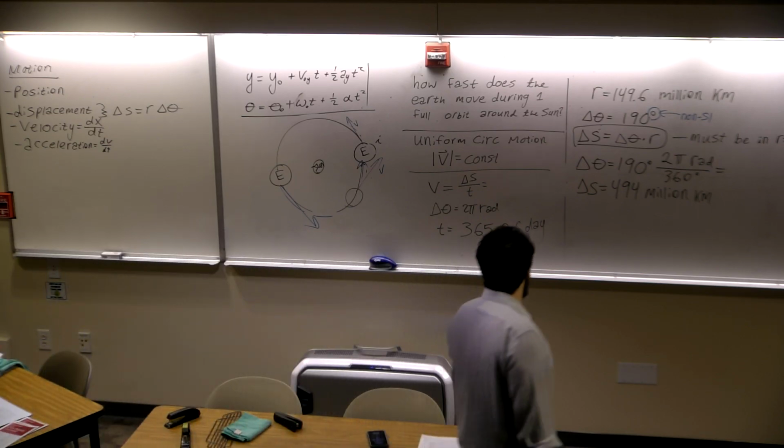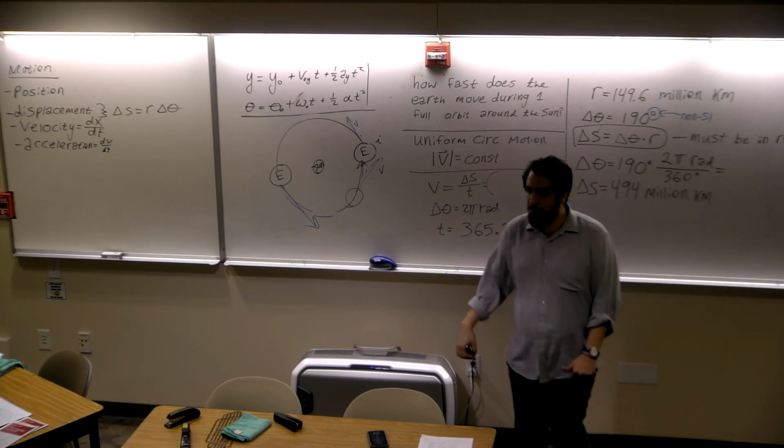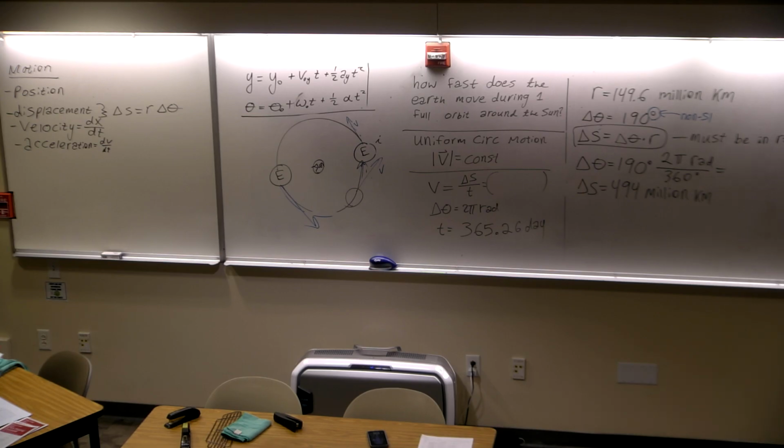So here's what I want you to do. Calculate out for me what the speed is of the Earth as it moves around the sun. What is the speed the Earth moves around the sun with?